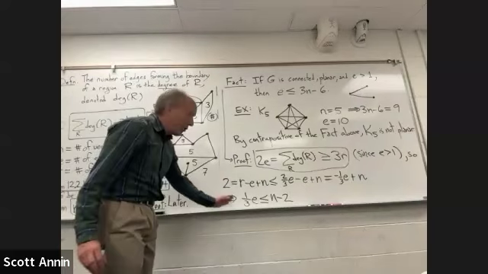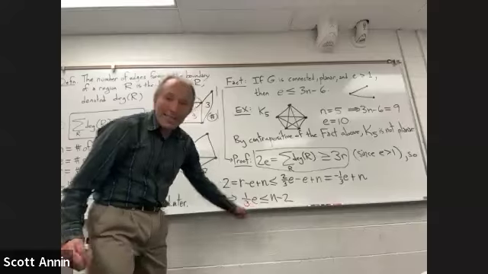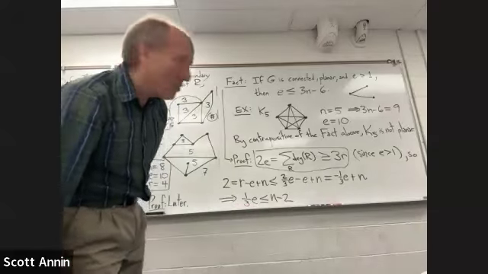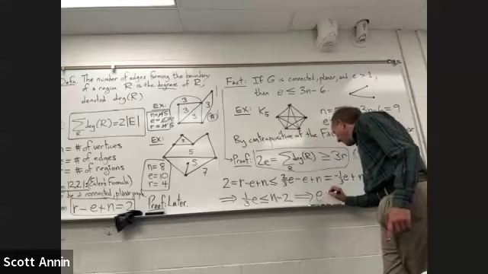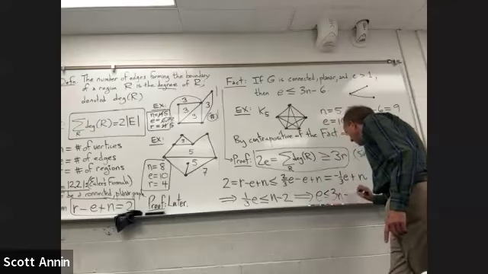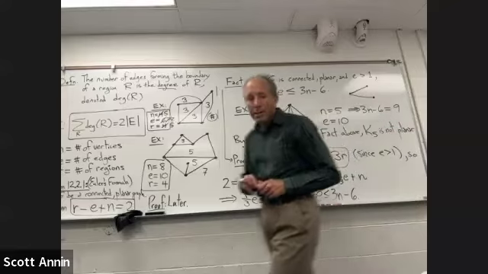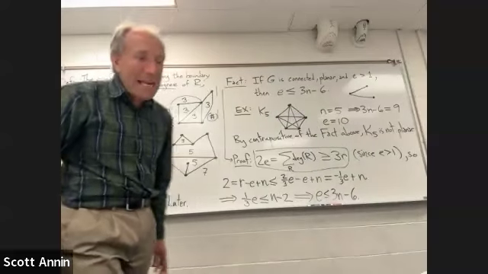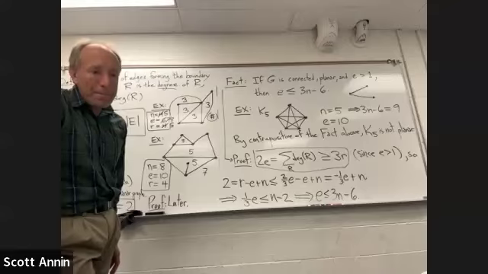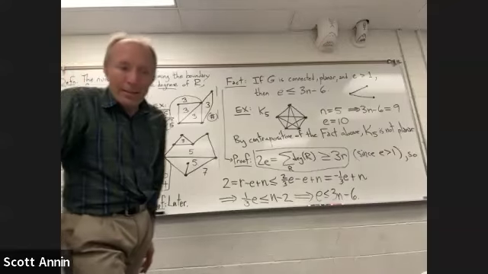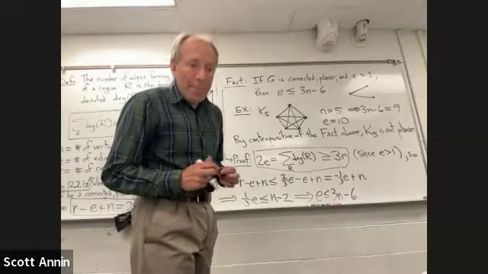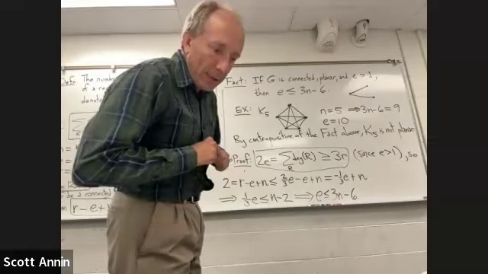So we'll have 1/3 of E less than or equal to N minus 2. And therefore, when I multiply through by 3, the number of edges is therefore less than or equal to 3n minus 6. Okay. Great. Hopefully that makes a little bit of sense so far.